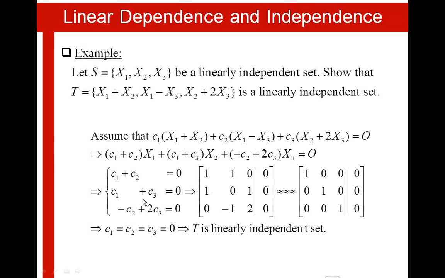The variables are c1, c2 and c3. From this we create the corresponding augmented matrix equal to 0. If we do the row reduction, we obtain the following augmented matrix, which shows that c1 is equal to 0, c2 is equal to 0 and c3 is equal to 0, which confirms that T is a linearly independent set.